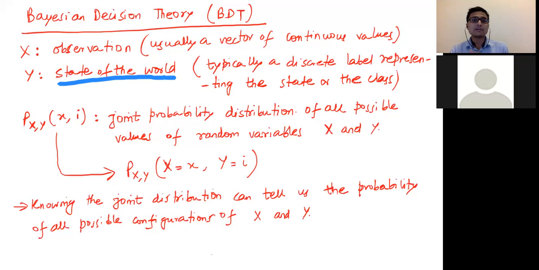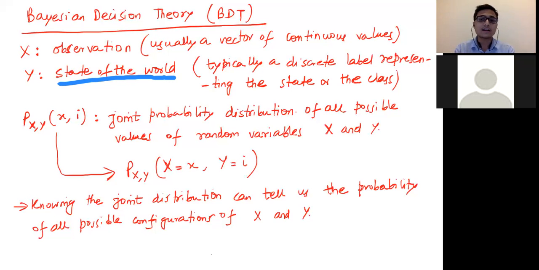And then we represent our joint probability distribution of all possible values of our random variables x and y with the notation p subscript x comma y of small x comma i.